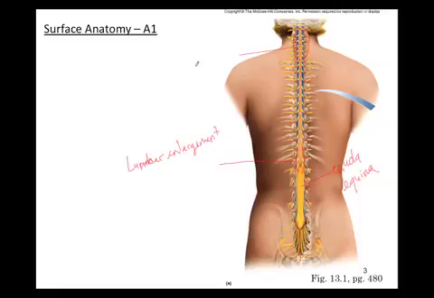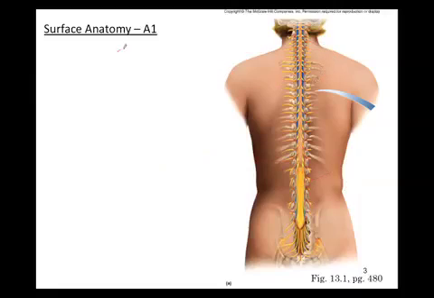So up here in the cervical region, we have another one, a cervical enlargement. The cervical enlargement is going to contain a lot of nerves that then feed into the neck and up into the head and then down into the arm and shoulder areas. And what we'll see on Monday is that a lot of these fibers then converge together to form nerve plexuses, which you should be familiar with as a term.